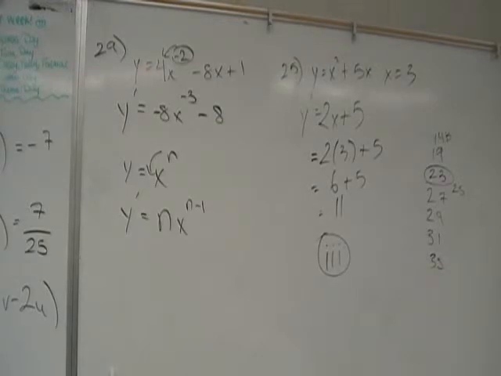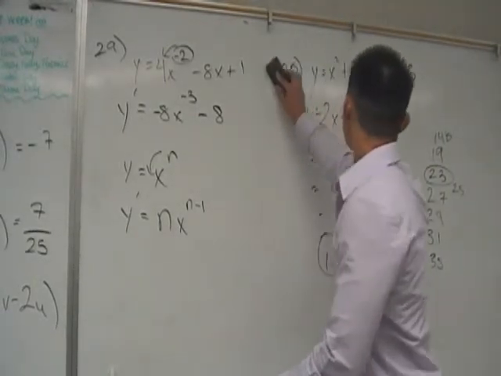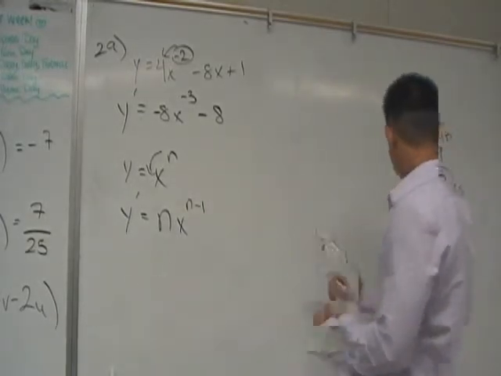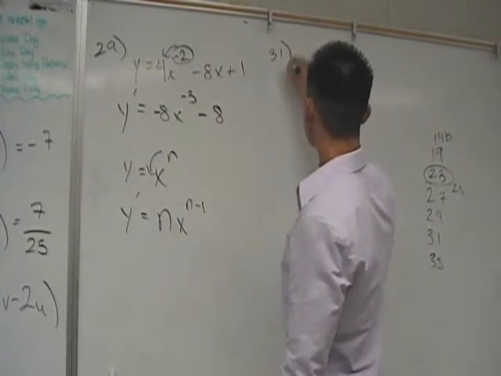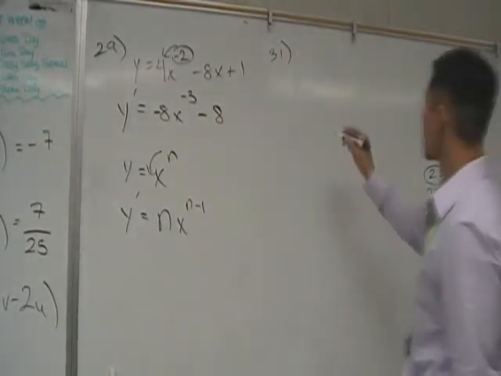Okay, let's look at 31. Alright, that's the last one we're going to do. Y is equal to square root of x plus 1 over square root of x minus 1.